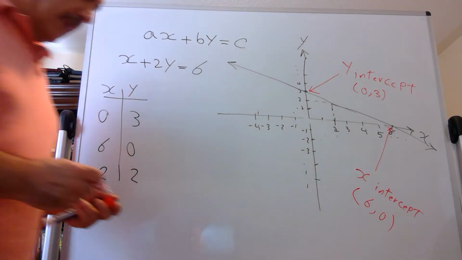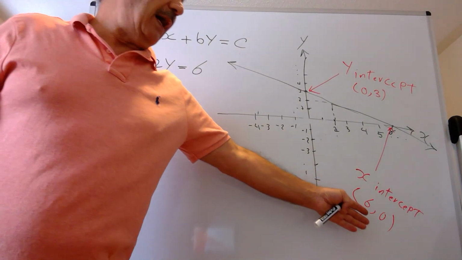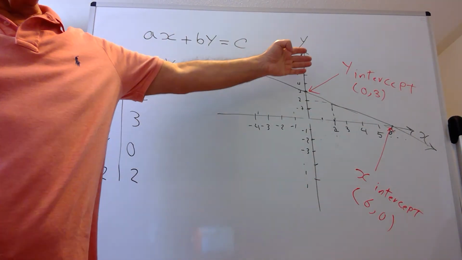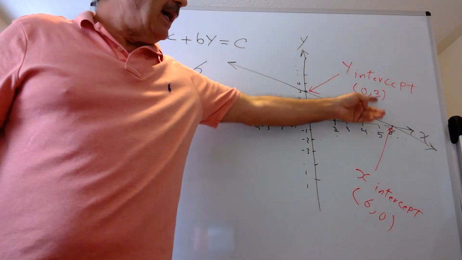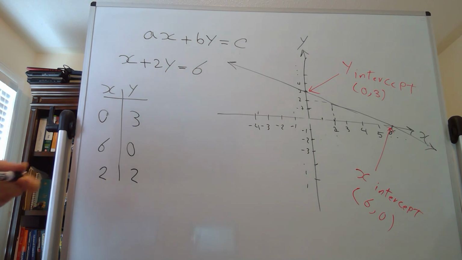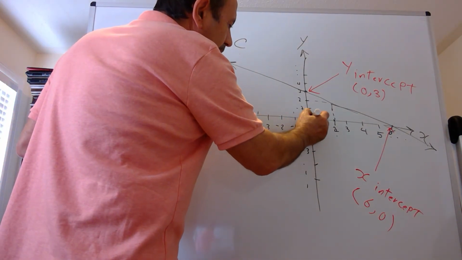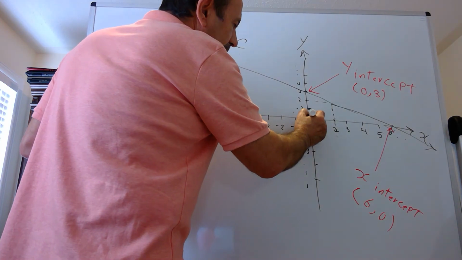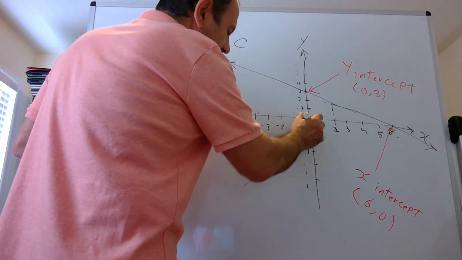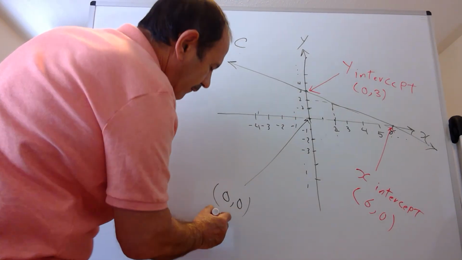So remember, in the x-intercept, x has a value and y is 0. In the y-intercept, y has a value and x is 0. And this point, with the coordinates of 0 and 0, where x is 0 and y is 0, we call the origin.